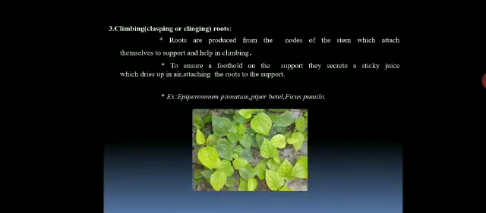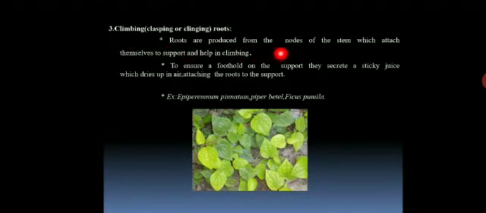The next one is called climbing root. Climbing means having the capacity to climb. That is otherwise called clasping or clinging root. Normally the climbing roots are found in Piper nigrum, some ficus plants, and the betel vine, vettalai in Tamil. These are good examples for the climbing root.